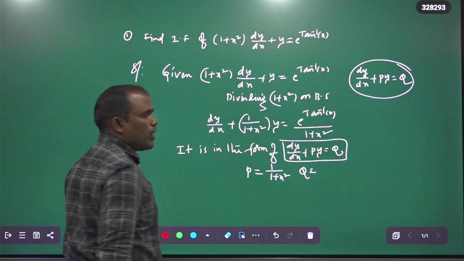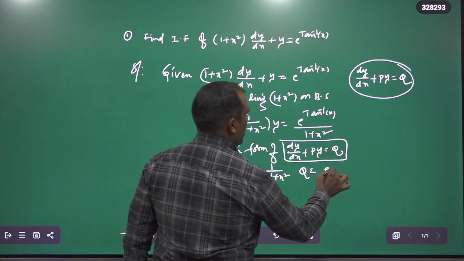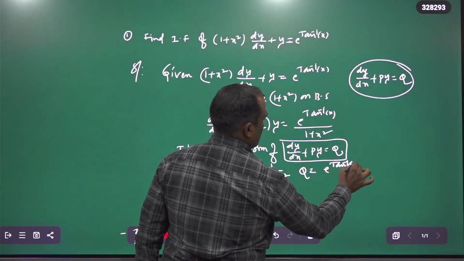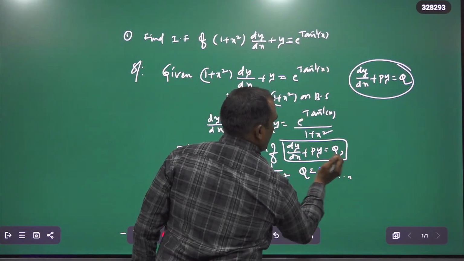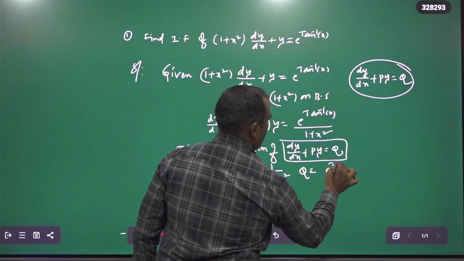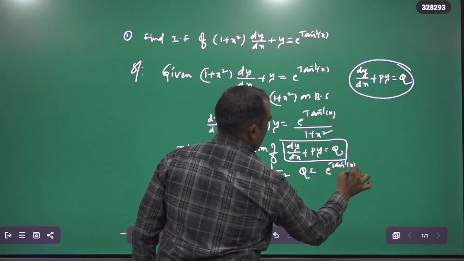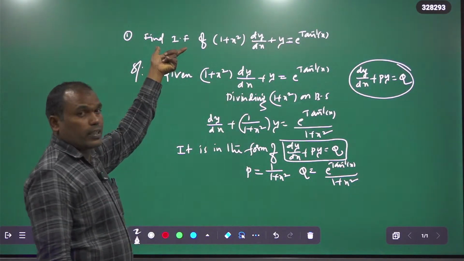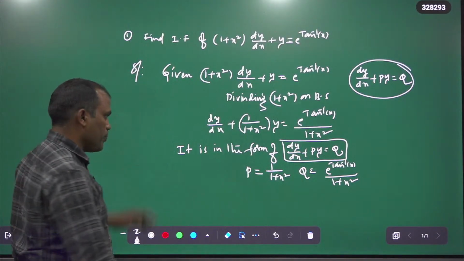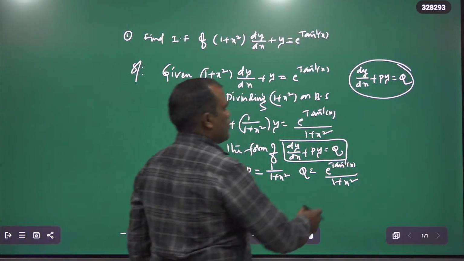And the value of q here is e to the power of tan inverse of x by 1 plus x square. But what is actually asked? The integrating factor. So we should find the integrating factor.